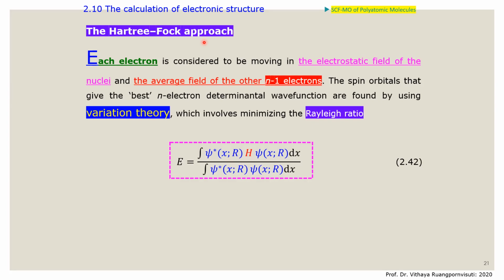The electronic energy is equal to the integral of psi star H psi dx divided by the integral of psi star times psi dx.